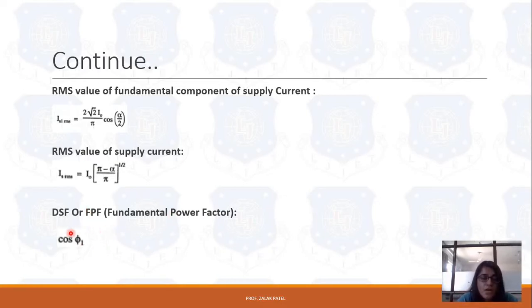Here also it is denoted by cos phi, and it is called displacement factor or fundamental power factor. This function can also be used for other analysis like harmonic analysis, reactive power calculation or true power calculation that we discuss later on.